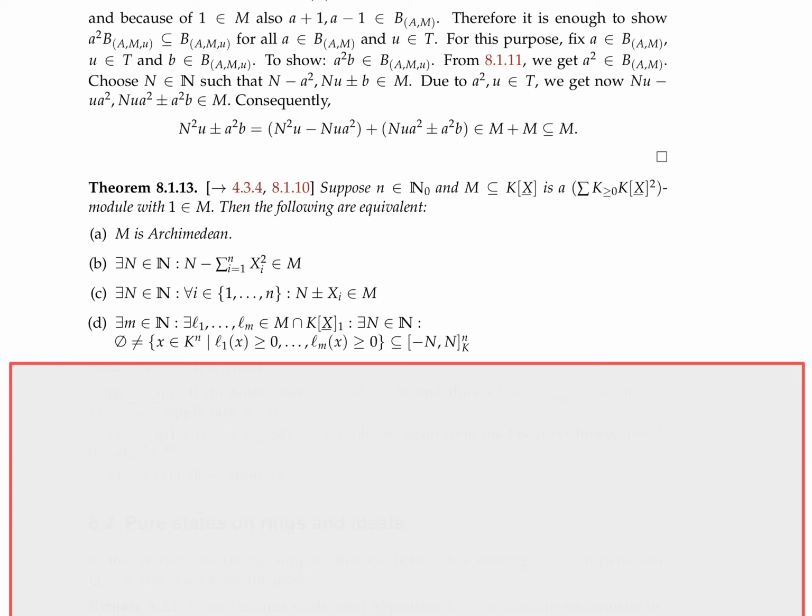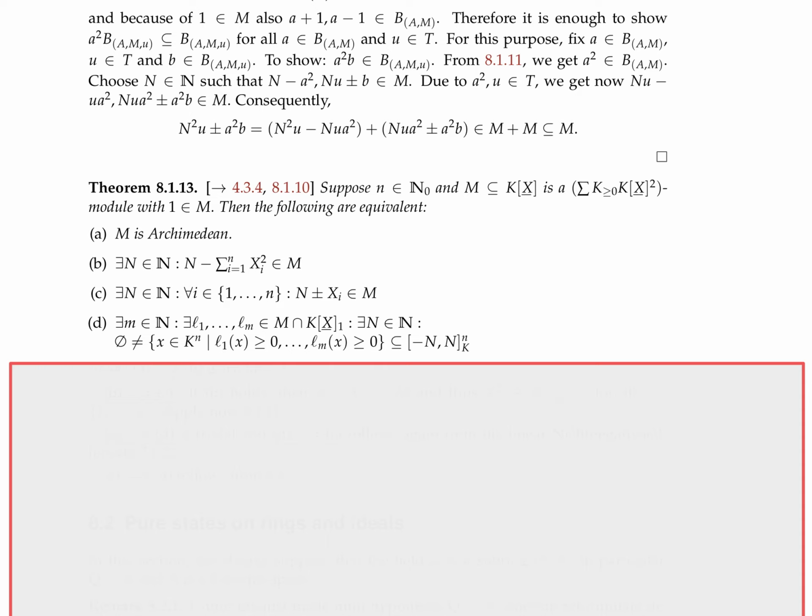Let me call this the weighted sums of squares modules. So I have weighted sums of squares where the weights are non-negative elements from K, right? In many cases, if K is the reals, for example, you don't need these weights, of course, because you can hide them in the squares.